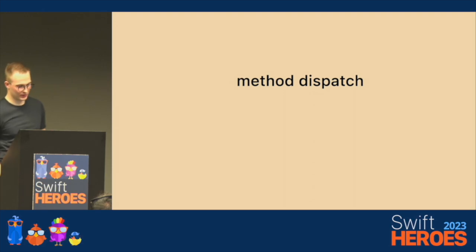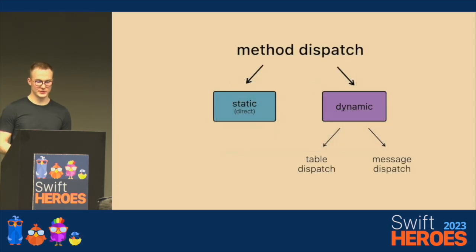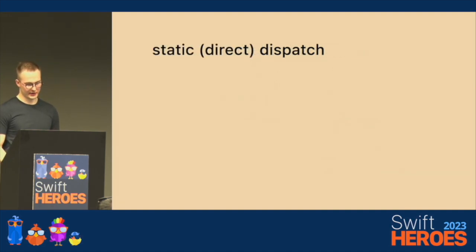With all the knowledge we have gathered, we can use it. But I want you to keep one sentence in mind before coming to the next section: the more restrictive the code that comes to the compiler, the more performant it is at runtime. And we distinguish two method dispatch approaches. The first one is static, also called direct.